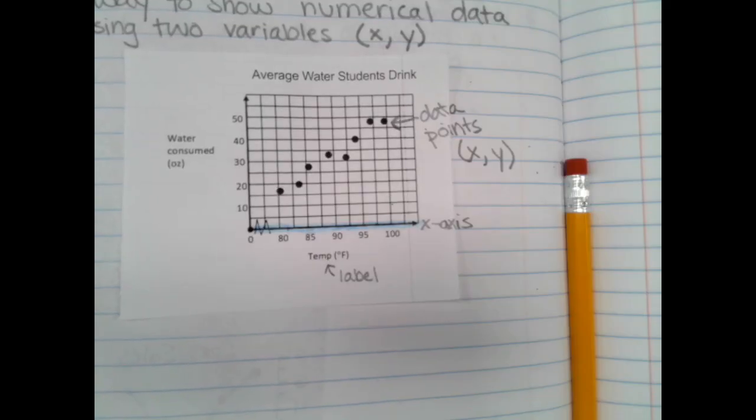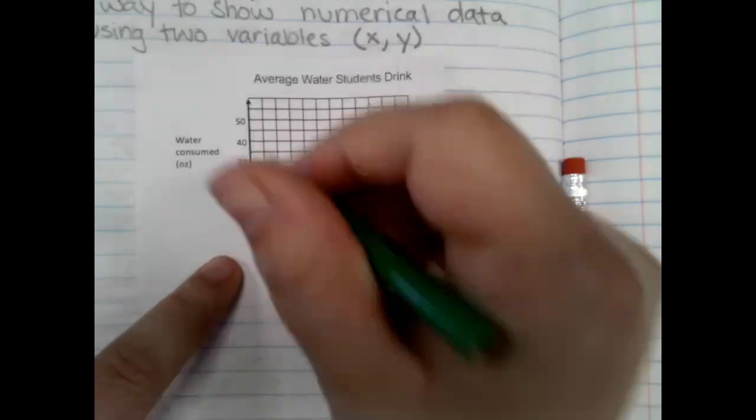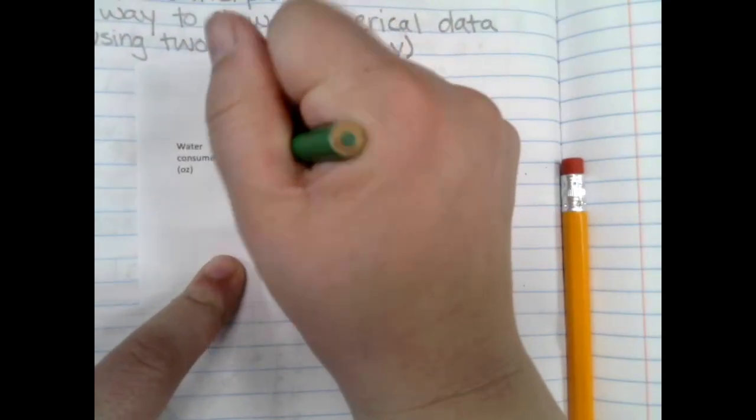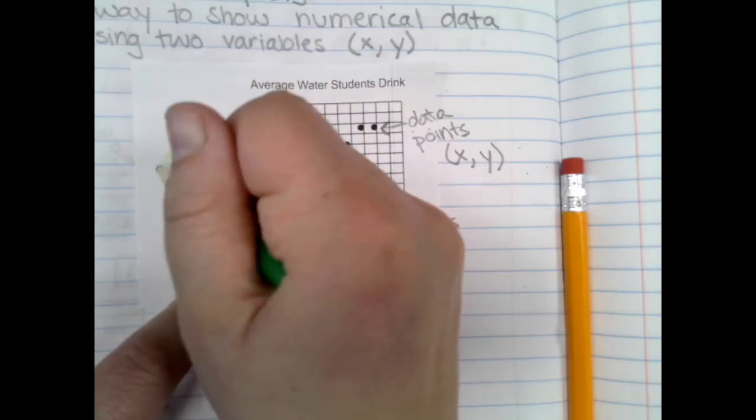Okay, what else do we have in this graph? What else do you see? The y's, good. We have an x-axis, which means we probably have a y-axis. And what is our y-axis representing here?